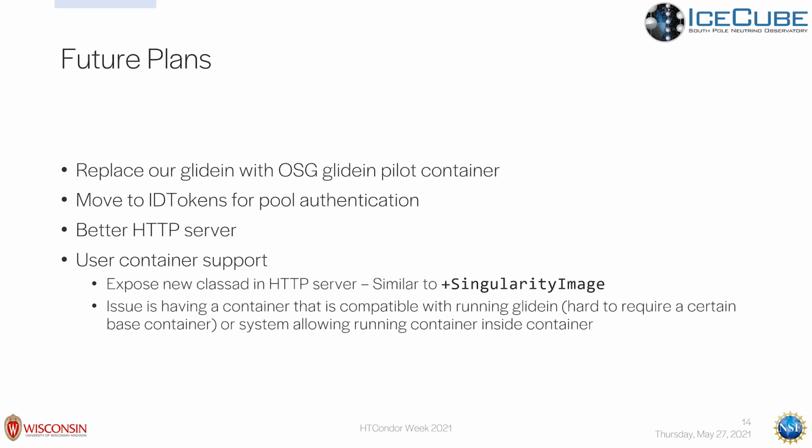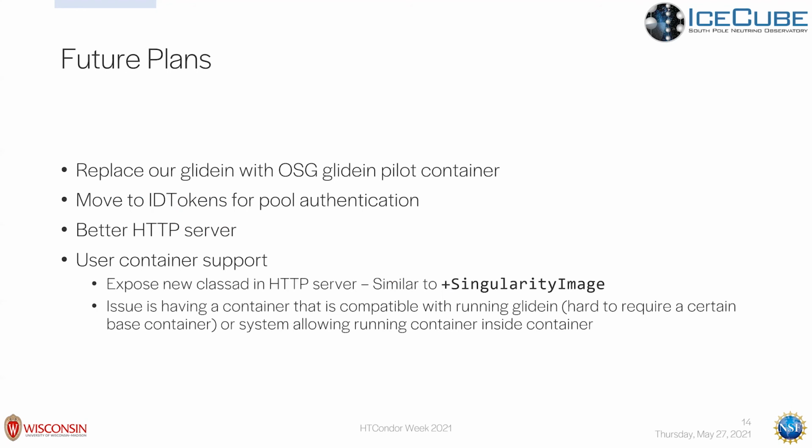And the big one for us is user container support. So Condor already has this to first order, where you define a Singularity image and what you want to execute in that image, but we haven't exposed that in our HTTP server yet. So there has been this compatibility issue where you're running a Glidein, so it's hard to require a certain base container.